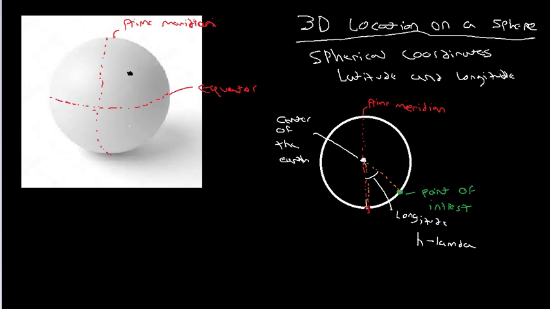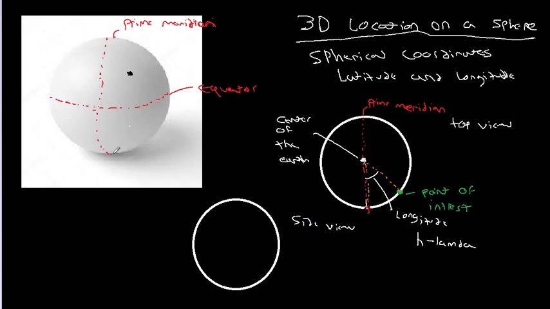And you can imagine we can do something similar here for latitude, right? If instead of cutting it at the prime meridian, we cut it at the equator. Move this up just a little bit. So in the previous case, this was a top view. We cut it in half, we're looking down. In this case, this would be a side view.